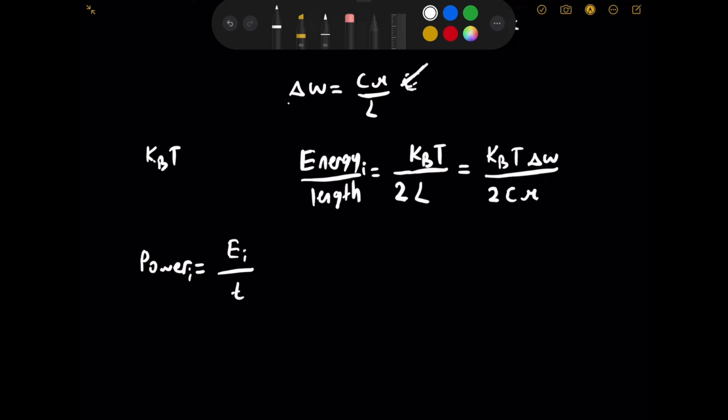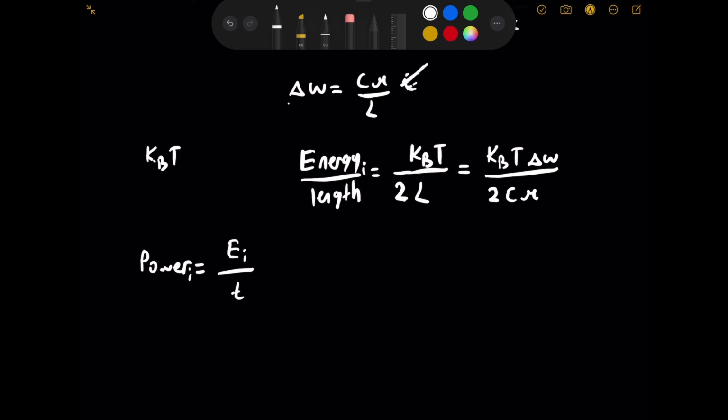We want it per unit time. Power is energy per unit time.